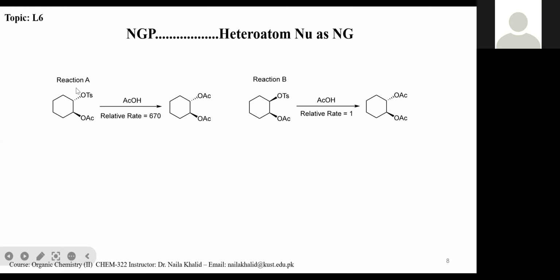This is a very good leaving group. So if it leaves, a three-membered cyclic intermediate is formed. That is why the incoming nucleophile will attack from here and you will get the same configuration of this carbon. So here you will observe retention of configuration, with a relative reaction rate of 670.